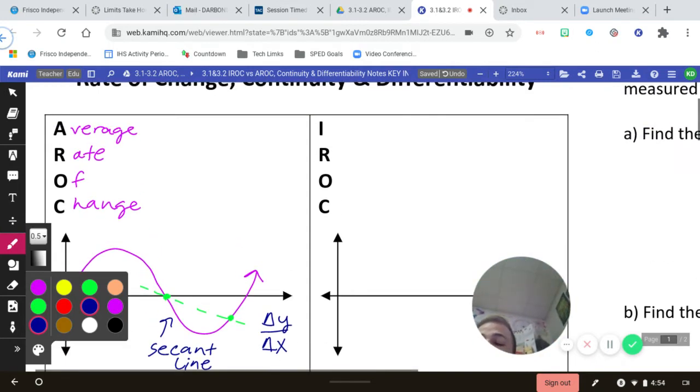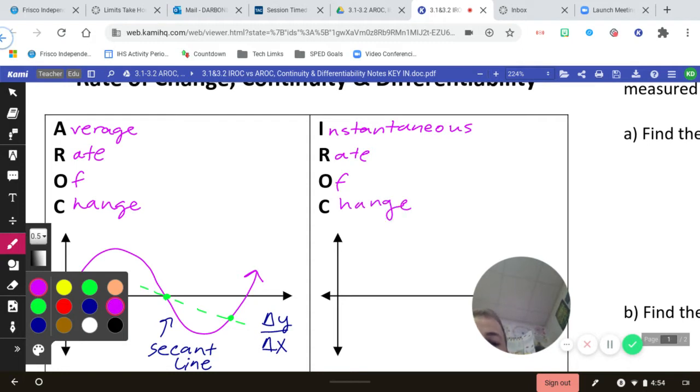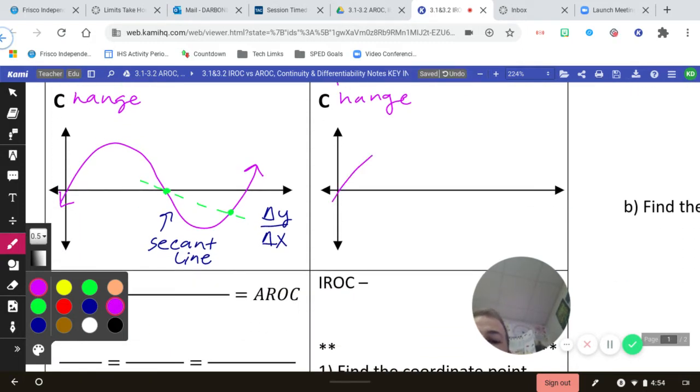Versus what we call IROC, our instantaneous rate of change. So, similar function.